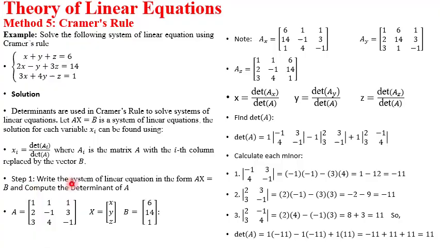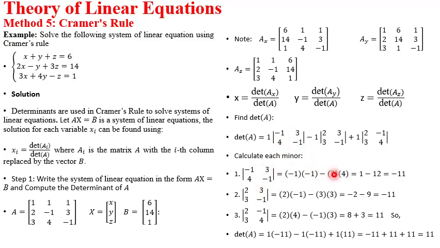So we said the first step is to write the system of linear equations in this form and compute the determinant. So let's go ahead and compute the determinant of A. Computation of the determinant shows that we've got 1, 1, 1. Of course, you alternate the sign, plus 1, minus 1 and plus 1, and you have the minor matrices, and you get the determinant of the minors.